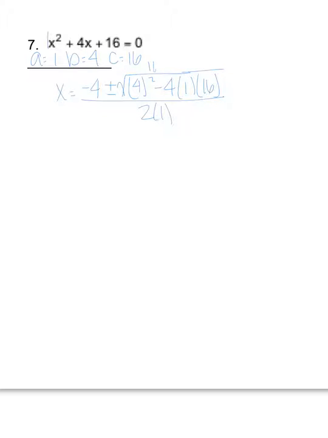So 4 squared is 16 minus, that would give you 64. So 16 minus 64 gives you a negative 48. Okay, so we're going to bring the negative on the outside and make it an i. It's an imaginary solution here.